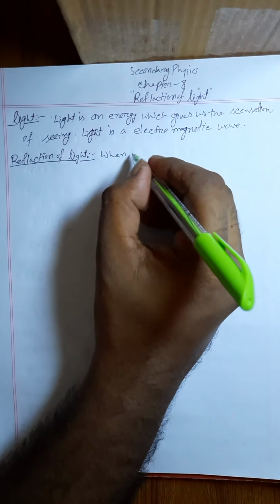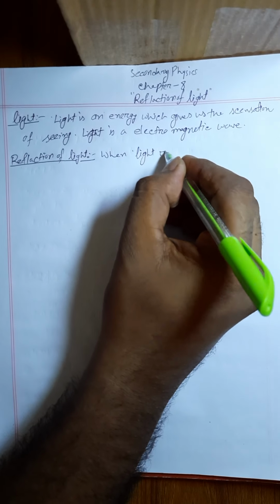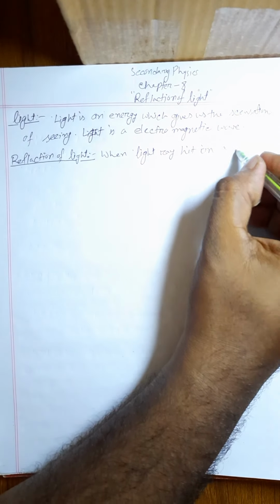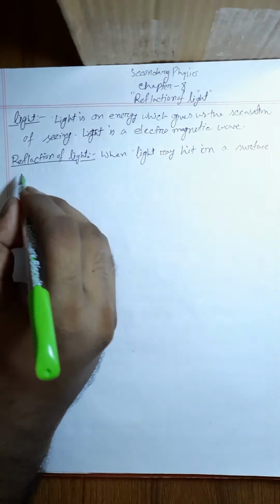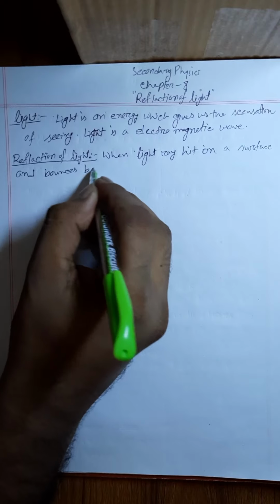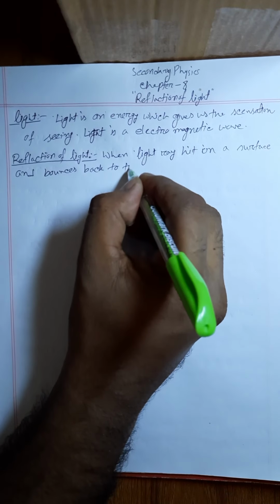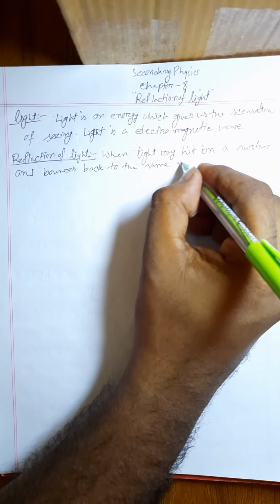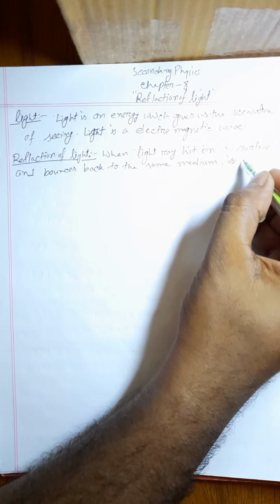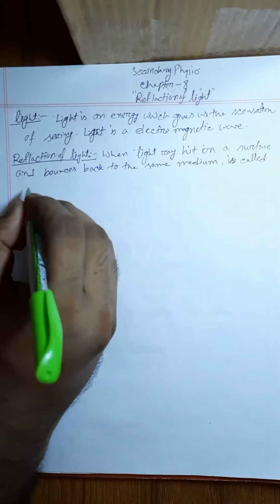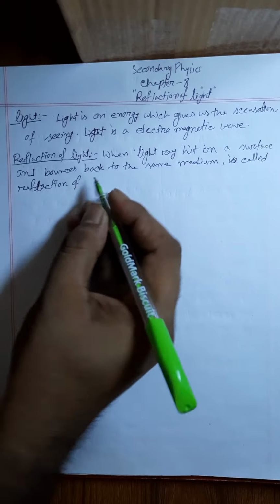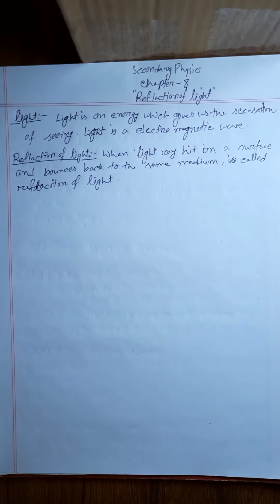When a light ray hits on a surface and bounces back to the same medium, this phenomenon is called reflection of light.